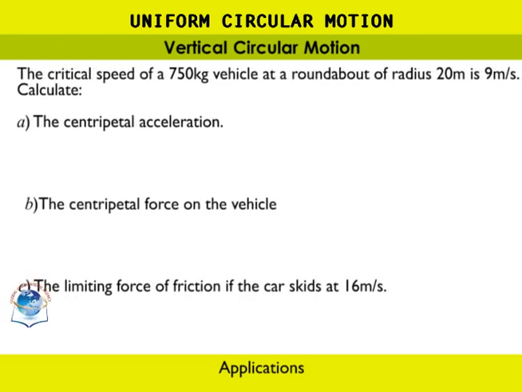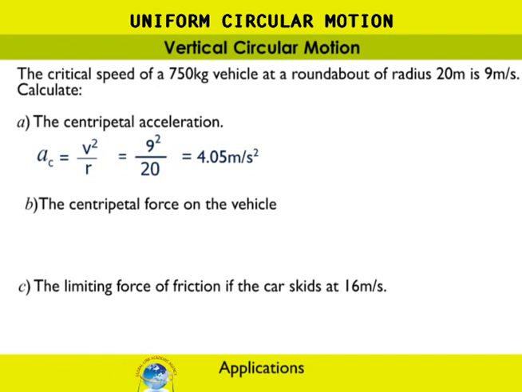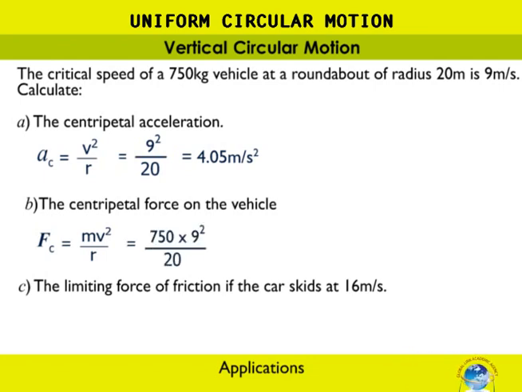A. The centripetal acceleration is equal to v squared over r, and that is 9 squared over 20, which is equal to 4.05 meters per second squared. B. The centripetal force is equal to mv squared over r, that is equal to 750 times 9 squared over 20, which gives us 3,037.5 newtons.